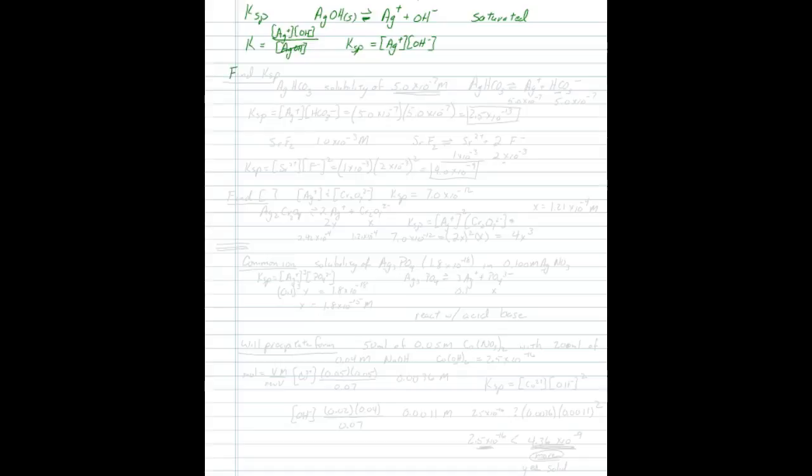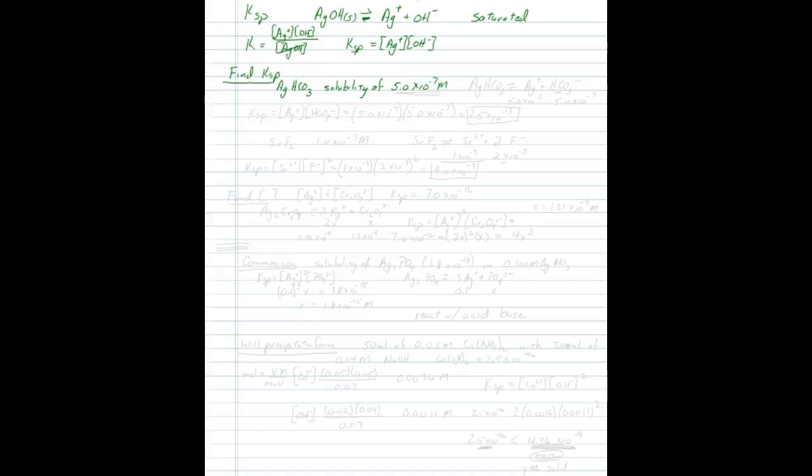First type of problem, find the Ksp values. Suppose you have some AgHCO3, and it has a solubility of 5.0 times 10 to the negative 7 molar.